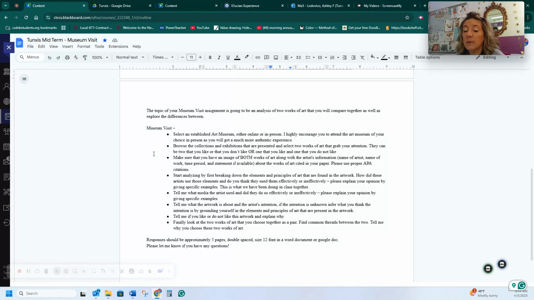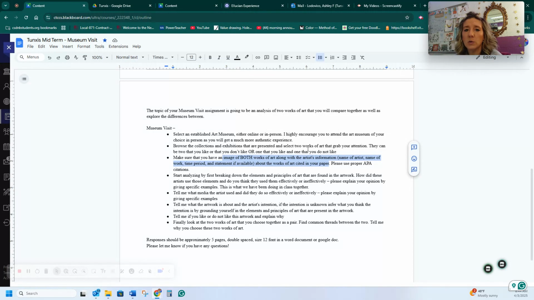This paper is going to be mainly your opinion. However, you want to make sure that you're citing the artists properly when you are referencing them and talking about them. The image and the information right here, you can find that oftentimes right next to the work of art.